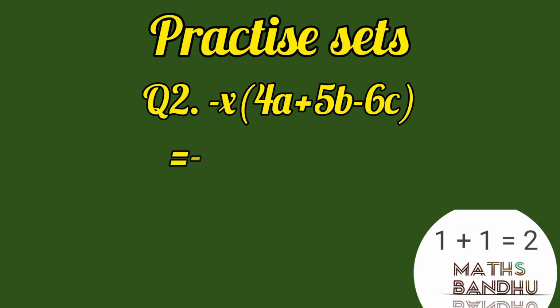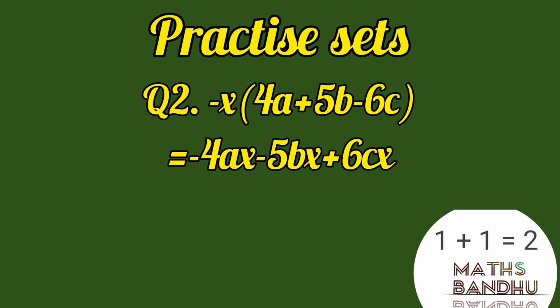So minus 4ax, or xa, whichever you want to write. Then again, plus and a minus is minus, so the 5 remains the same: minus 5bx or xb. Then you have minus and a minus, which gives you plus, so plus 6cx or xc. Since we do not have any like terms, the answer will remain the same.